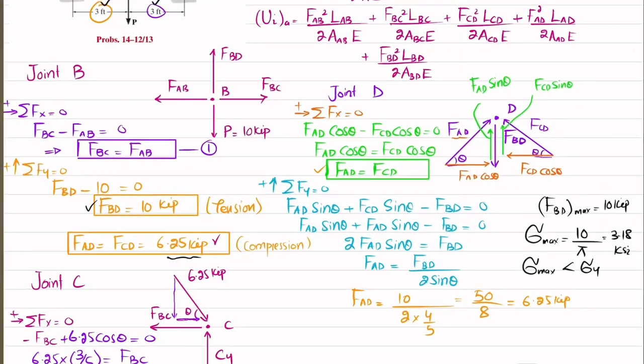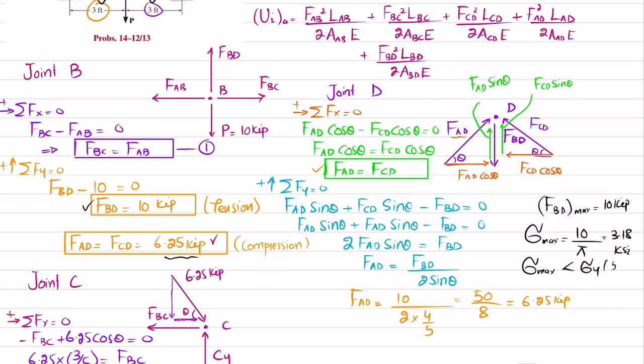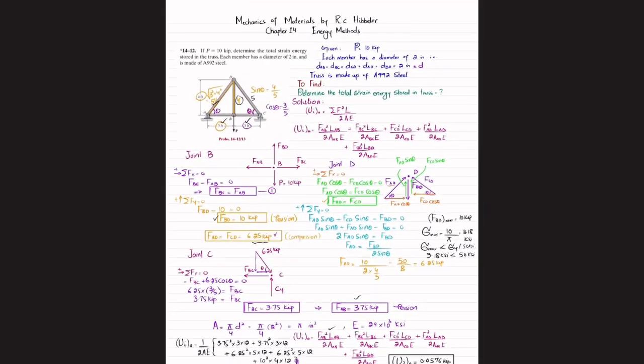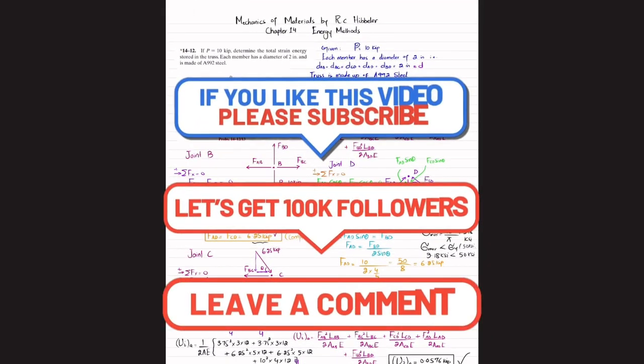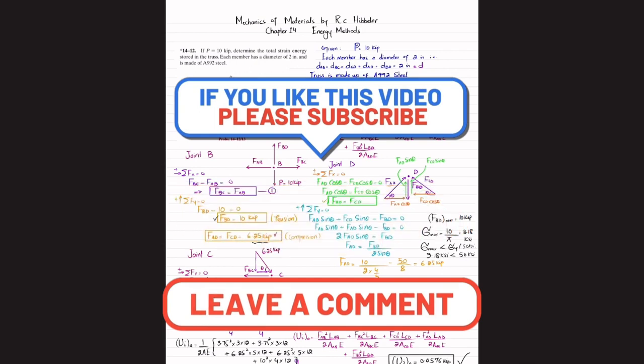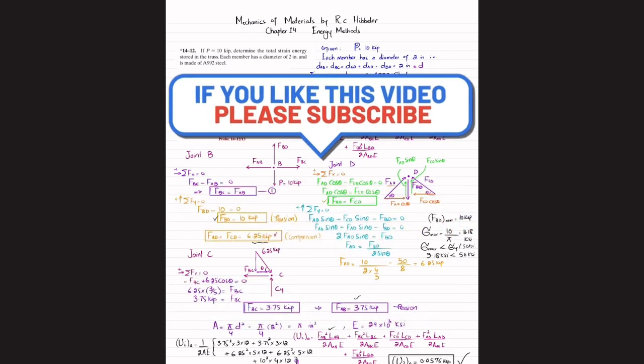So I will write 50 KSI. So you can see 3.18 KSI is less than 50 KSI, so it means that it will not fail. Clear? And the amount of energy stored by the truss is 0.0576 kip-inch. And that was all about this problem 14-12.